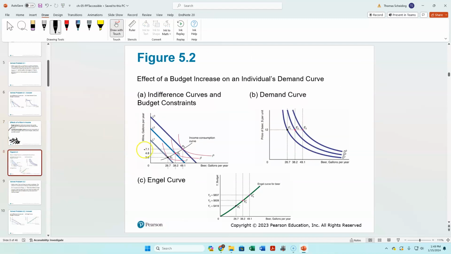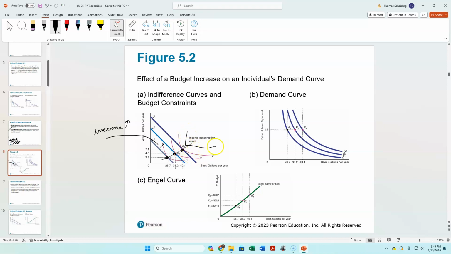So what we see here is that the budget constraint is shifting out as the income goes up. So as my income is going up, my budget constraint is shifting out, creating a new optimal point and a new optimal point.